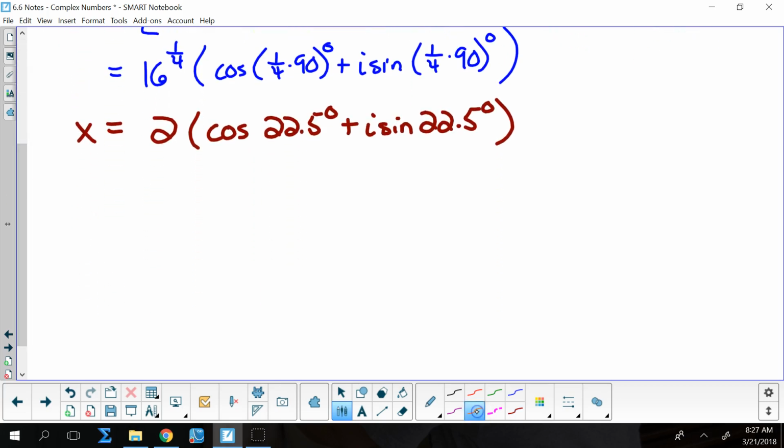So then 360 divided by 4 is 90. So I'm going to add 90 to these angles.